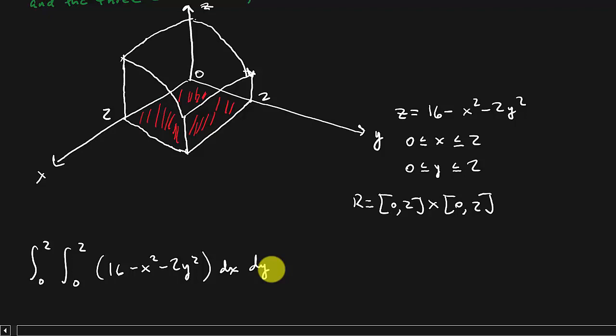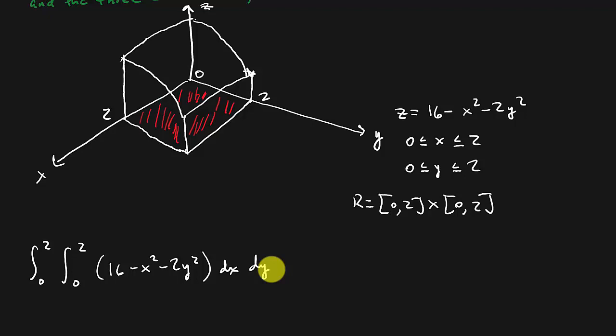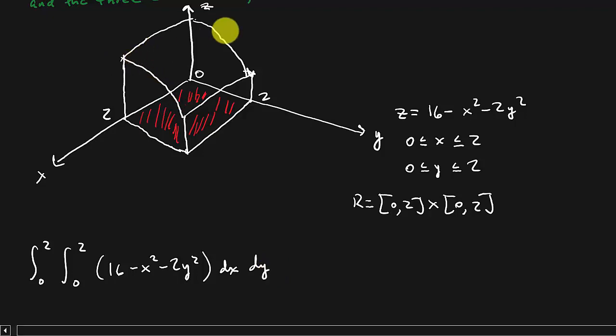You've got it set up now. It probably helps to just sketch a picture. Now, did we really need to draw that top part? Not really, but we did need these planes in here because that told us we're going from 0 to 2 and 0 to 2.